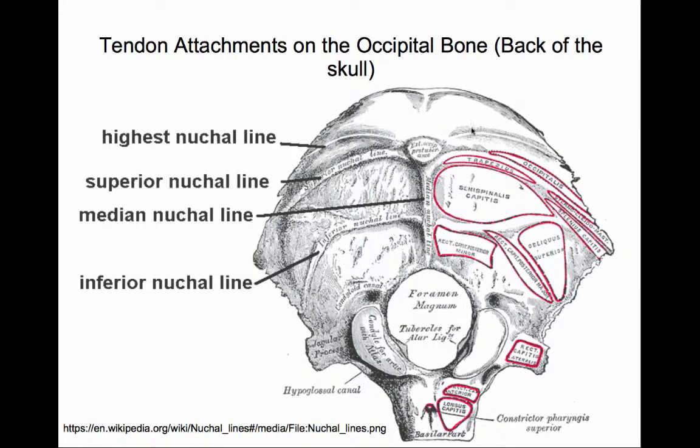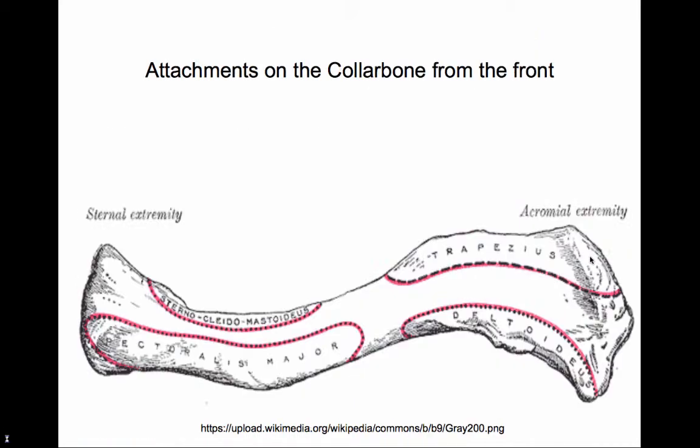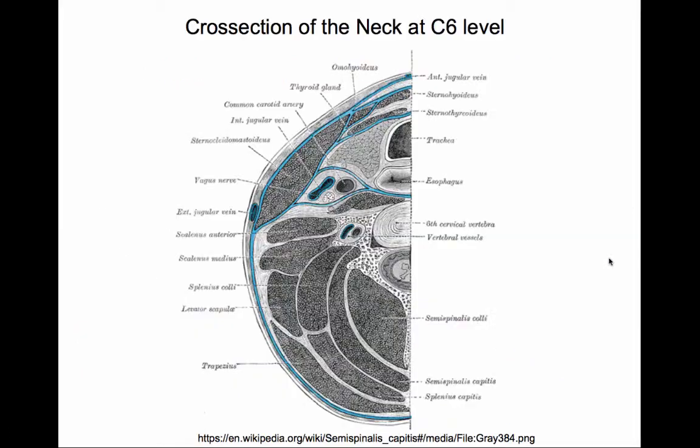And here we see the back of the occipital bone, the neck bone, trapezius insertion, protuberance here, occipitalis, and the sternocleidomastoideus, splenius capitis, the small neck muscles. Here we see the collarbone from the front, sternocleido, trapezius.